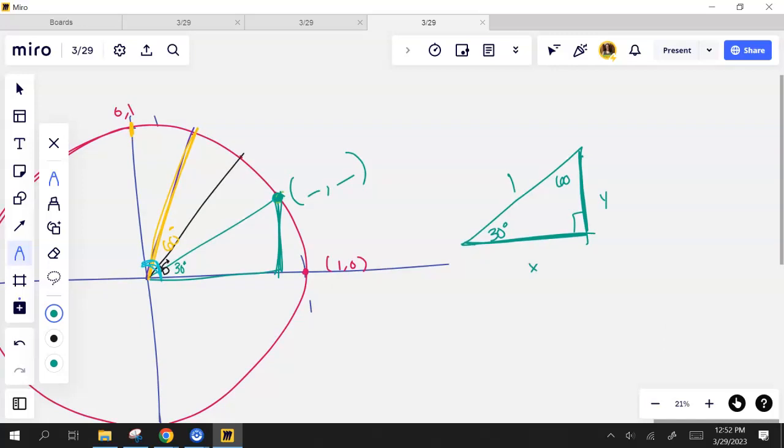So that means the short leg, which one's the short leg, x or y? Y. That means y is 1/2. Now, what about getting from the short leg to the long leg? Square root of 3 times the short leg. So this would be square root of 3 over 2. And all of a sudden, I have my coordinates for this point. Square root of 3 over 2, 1/2.